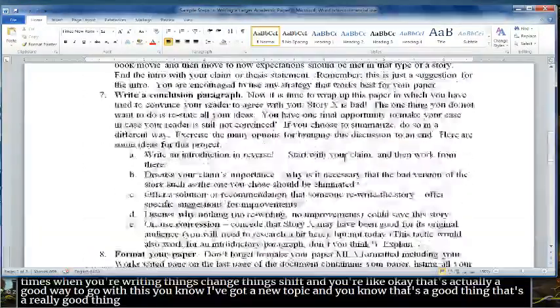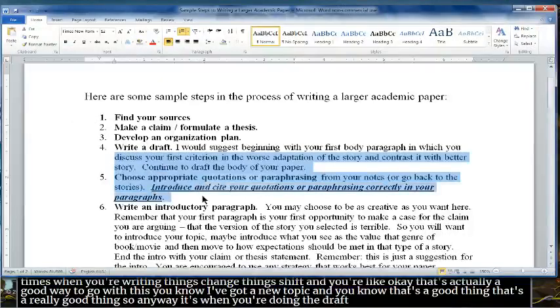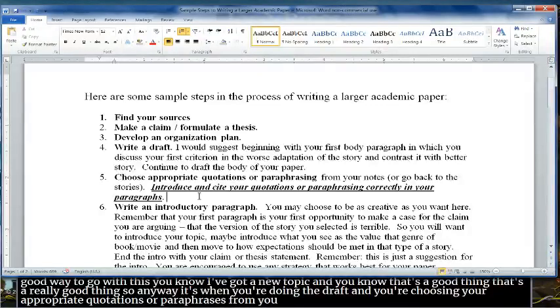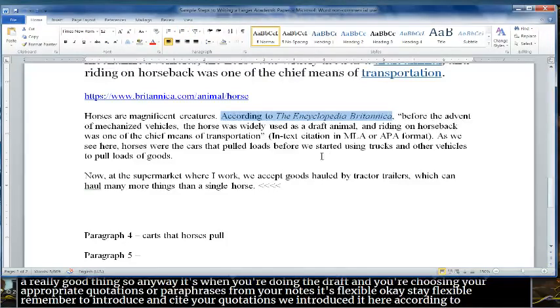So anyway, when you're doing the draft and you're choosing your appropriate quotations or paraphrases from your notes, it's flexible. Okay? Stay flexible. Remember to introduce and cite your quotations. We introduced it here, according to the Encyclopedia Britannica.